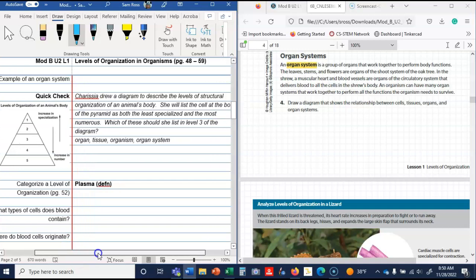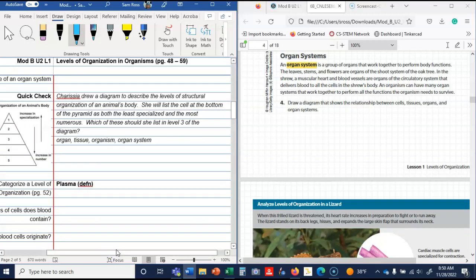So let's go on to our next quick check. It says Carissa drew a diagram to describe the levels of structural organization of an animal's body. She will list the cell at the bottom of the pyramid as both the least specialized and the most numerous. Which of these should she list in level 3 of the diagram?